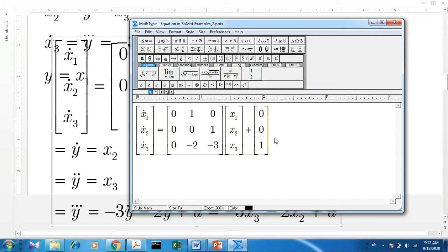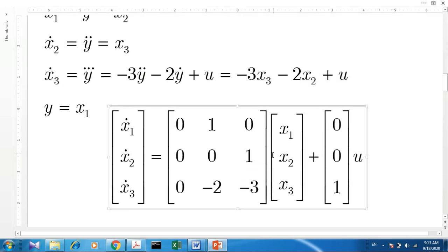The input matrix is multiplied by u. This is the state equations x1 dot, x2 dot, x3 dot in matrix form.